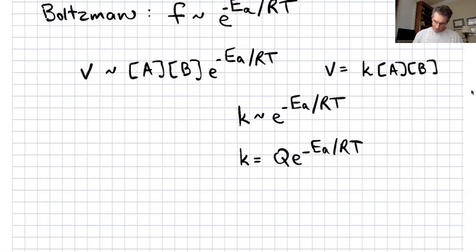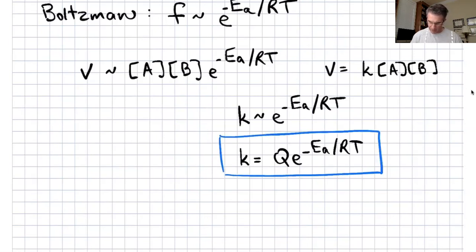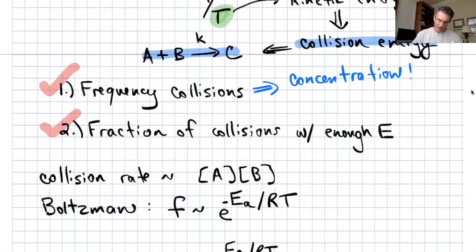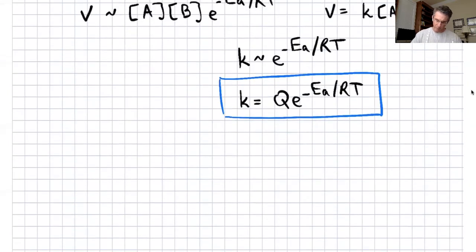But that overall expression now, the really useful thing about this, is that it has related what I've described for you up to this point as basically phenomenological numbers that just drop out of the mathematics of describing this process. It is now connecting that rate constant to energy.